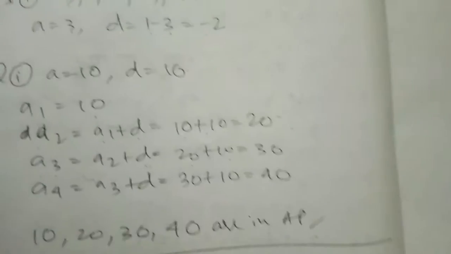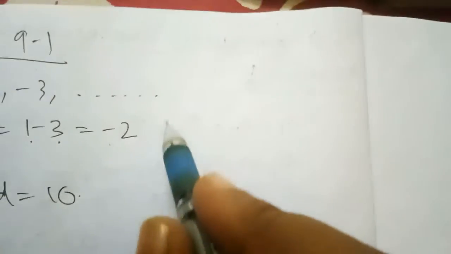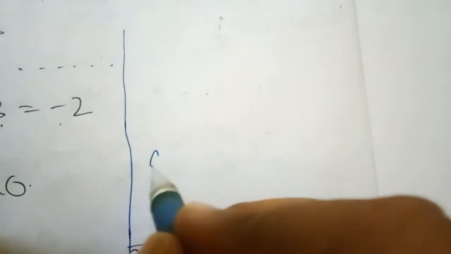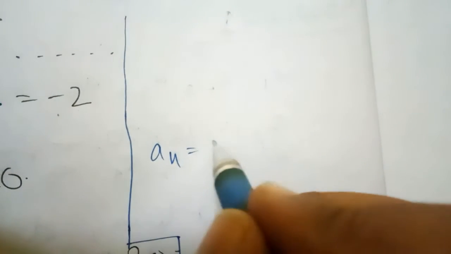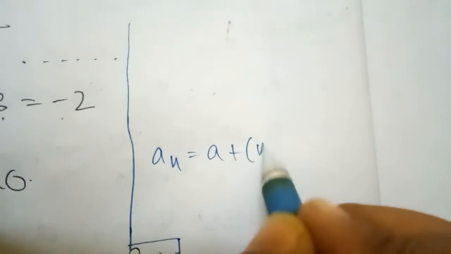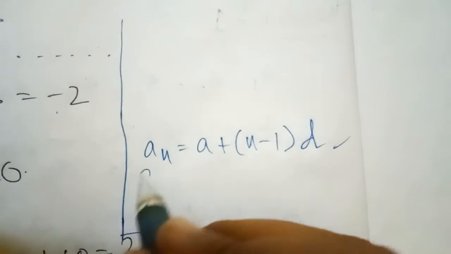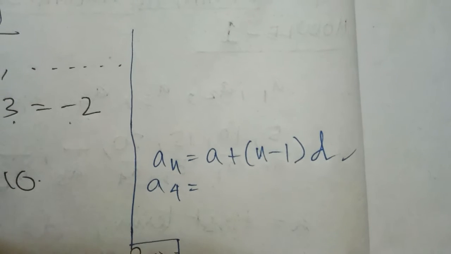Now, if you want to find the first four terms of the AP, I'm just doing it with the formula. AN equals A plus (N minus 1) D. Now they told us to find the fourth term.